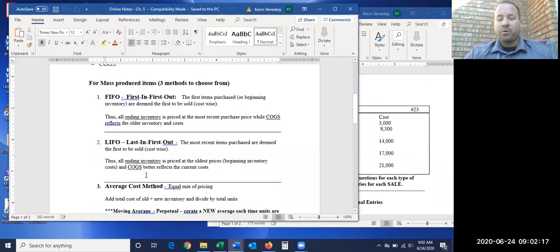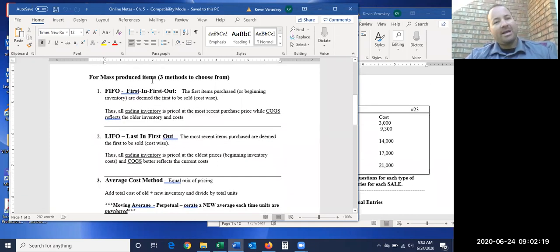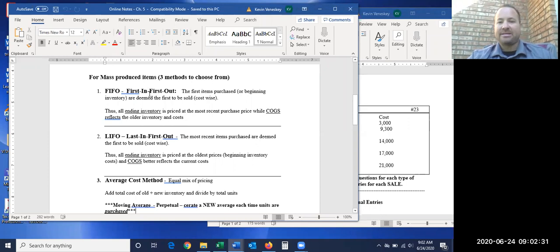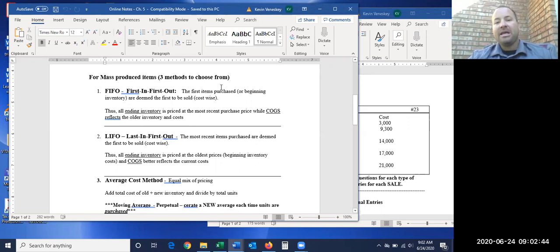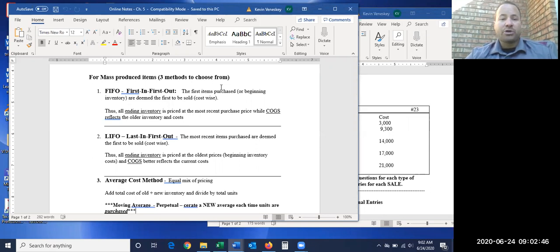Now when we do mass produced, we're going to get right into an example to see how this works, because it's the easiest way, but we'll briefly go through the terms. You've probably heard these terms at some point before in some kind of business situation: FIFO, meaning first in, first out. When you're dealing with mass produced, you don't really know which inventory you're selling.